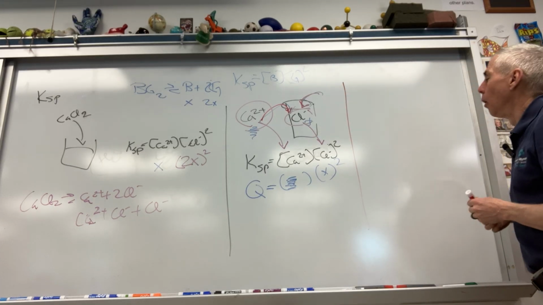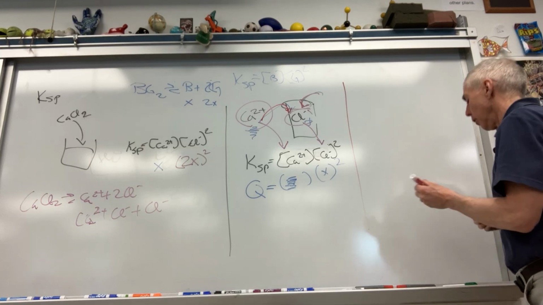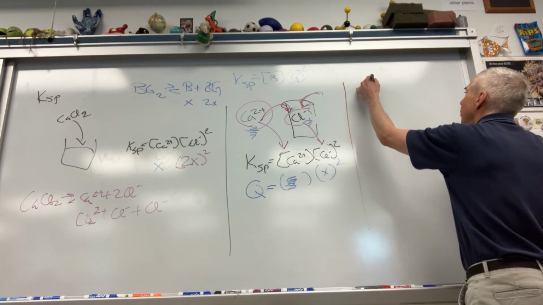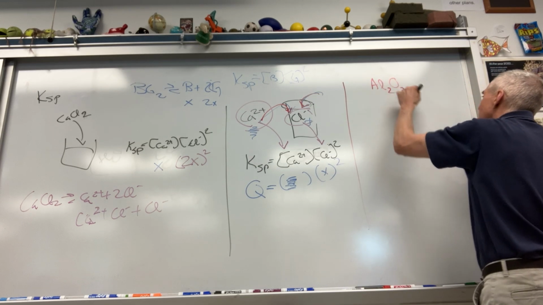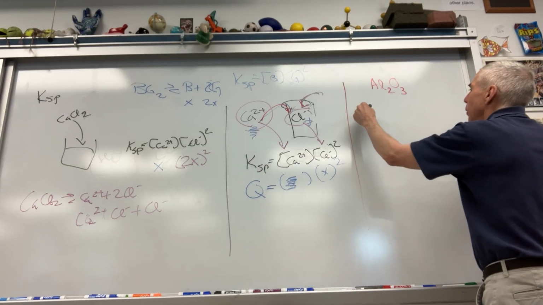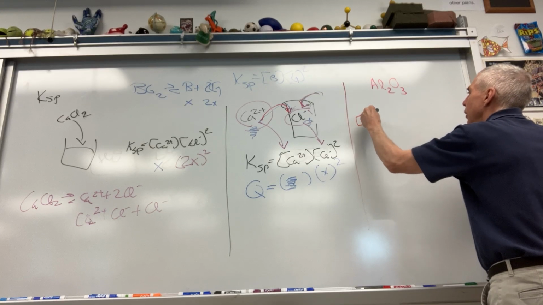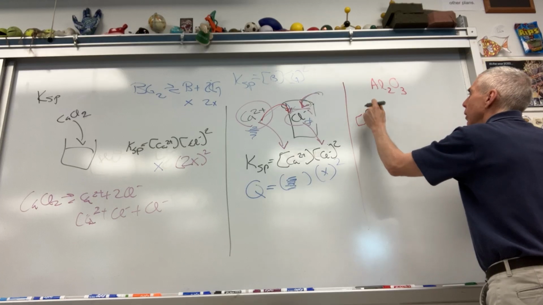If you're given something like this, let's say, I don't know, I'll just make one up. Aluminum oxide probably has a KSP, and I say, okay, what is the concentration of aluminum when you're done? Let me give it as an ion.